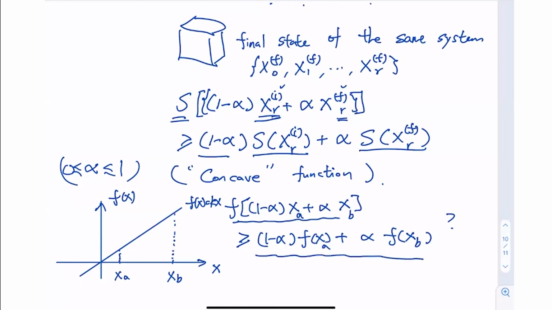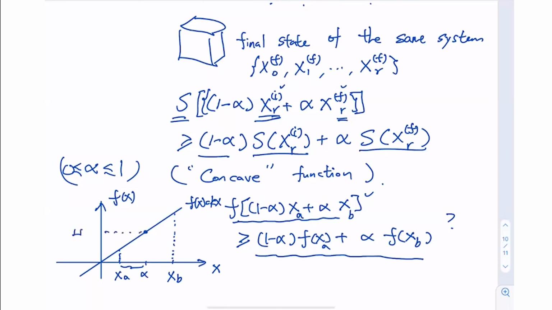The geometric meaning of the left-hand side of this equation is that you pick some point here that is represented by, when alpha is 0, xa. When alpha is not 0, it corresponds to somewhere in the middle between these two points xa and xb. The left-hand side of the equation is just this value.